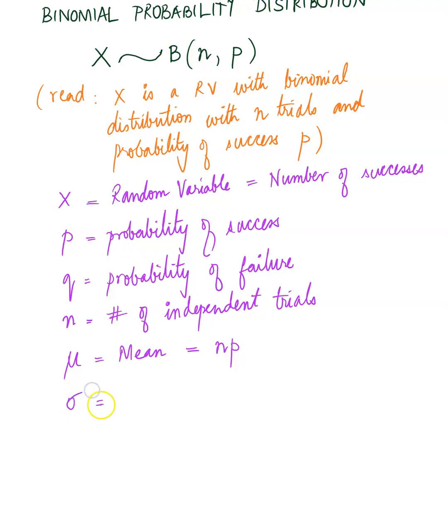And sigma, which is the standard deviation, is also really cool. It is square root of n p q, n times p times q. Okay, so we'll do a problem now, and we'll try to find the probability, the mean, and the standard deviation, and you'll find it so much fun.